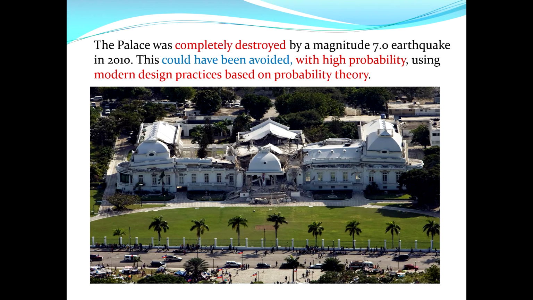In fact, in an earthquake of magnitude 7.0, which is a reasonably sized earthquake, but not huge, the palace was completely destroyed. So all of the money that they spent on the looks of the place came to nothing. They needed to spend some more money on the actual reinforcement required to increase its reliability against earthquake loading.